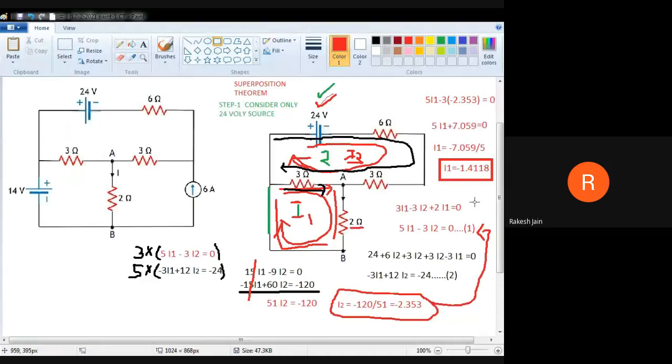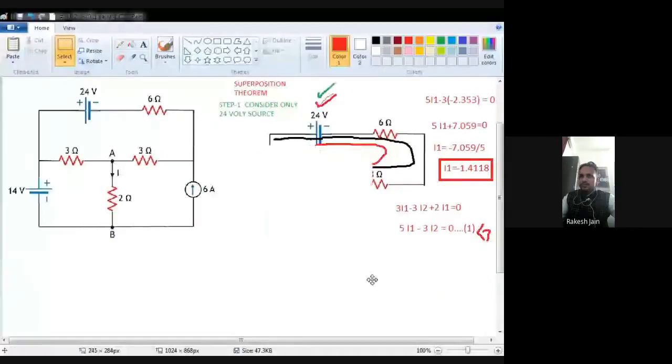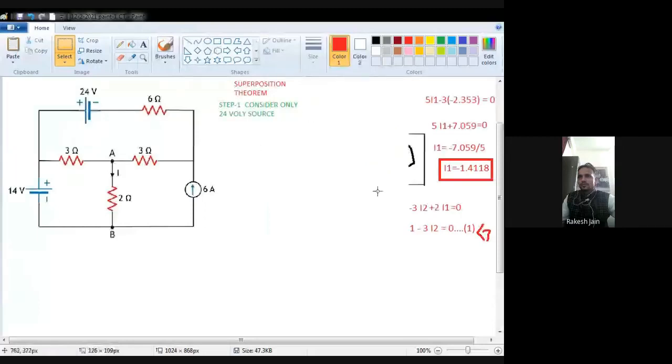Now we are going to solve this. 69I2 is equal to minus 120, so I2 is equal to minus 120 divided by 51.